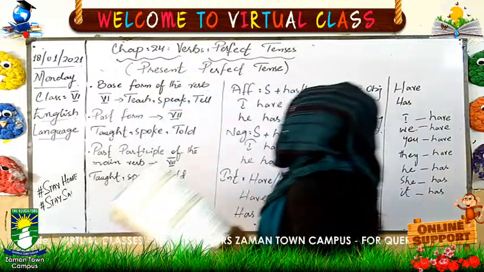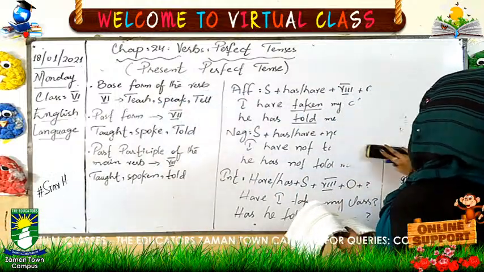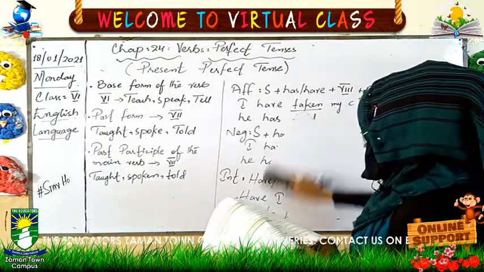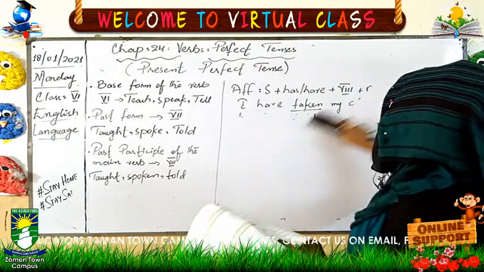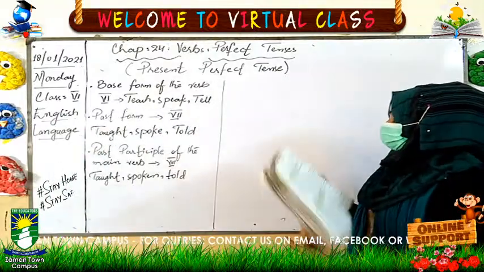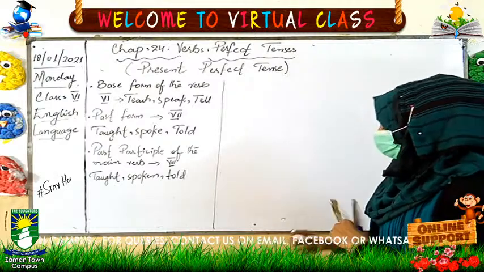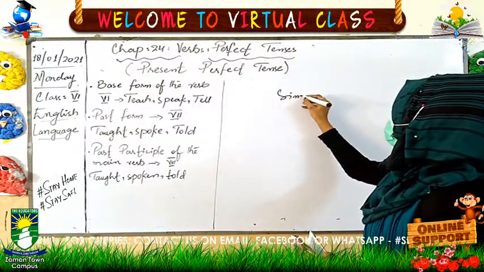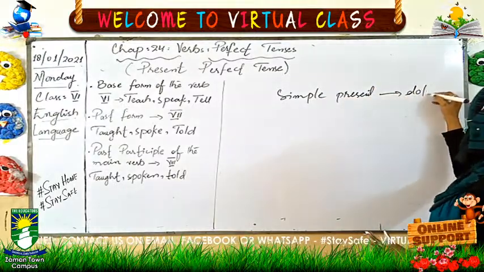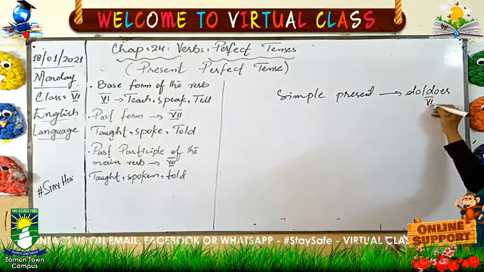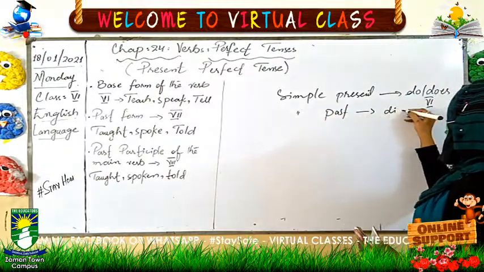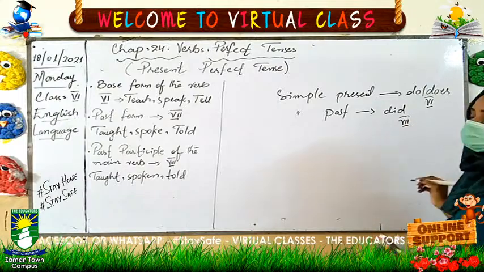I should write it here. Simple present: first form of the verb. Got it? Simple past: did and second form of the verb. Got it?